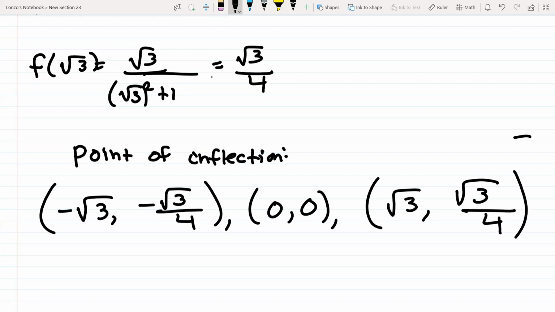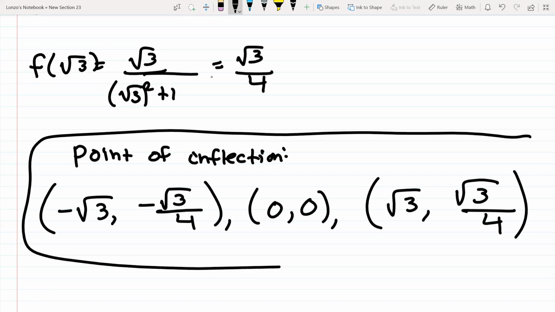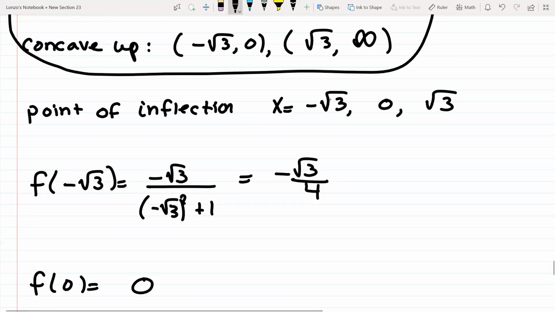Okay, so point of inflection right there. And if you don't believe me, you could just put it in Desmos to see if it's true. It is true though. Okay, that's it for today's section.